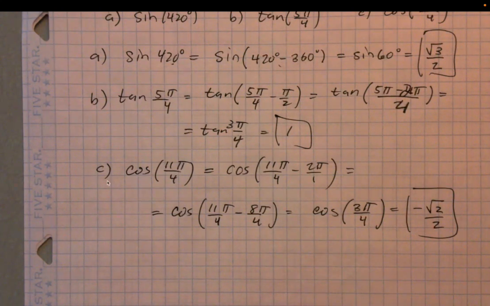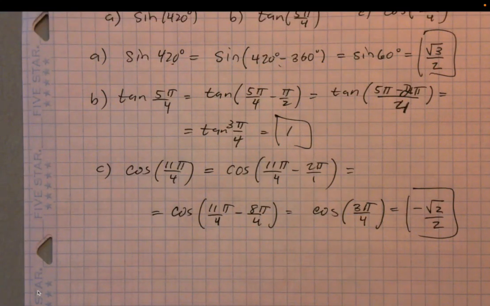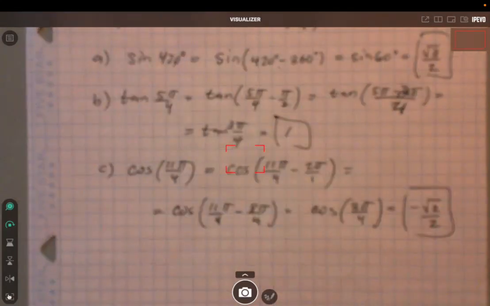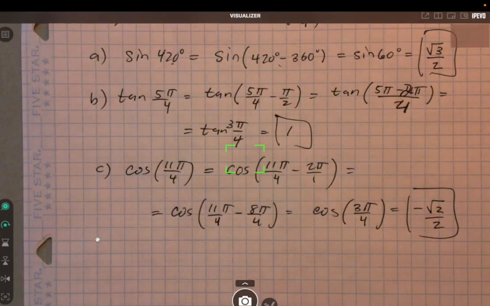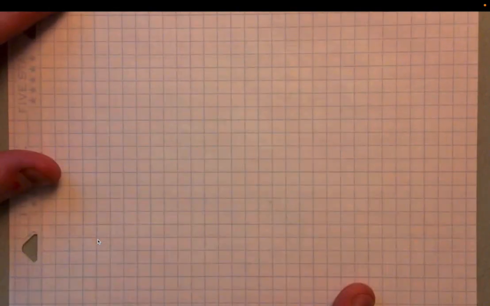Okay, so very good. And then I think the last property that we want to discuss here is the even-odd property, the evenness and the oddness of the trig functions.